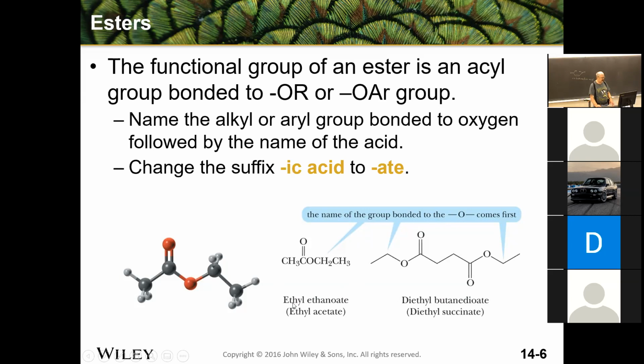All right, so this is ethyl ethanoate or ethyl acetate. We have an ethyl group, which is bonded directly to the oxygen. And then the other part of the ester is derived from acetic or ethanoic acid. So that's where we get the second word, ethanoate or acetate.